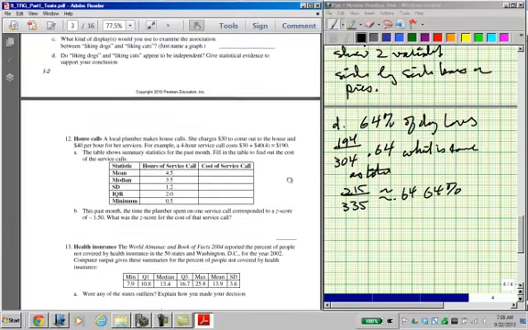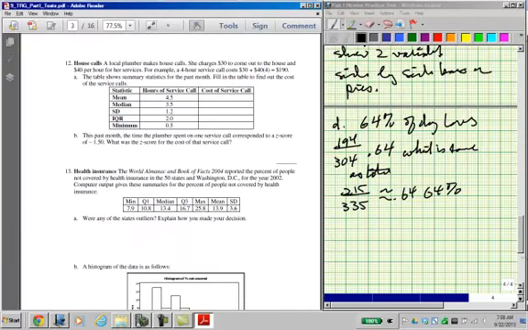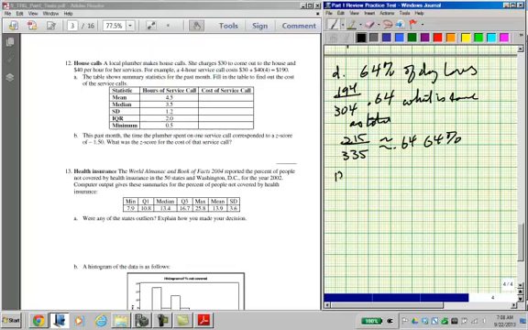House calls. 12. Okay, plumber makes house calls. She charges $30 to come out to the house and $40 per hour for services. Table shows statistics for the past month. Fill in the table to find out the cost.